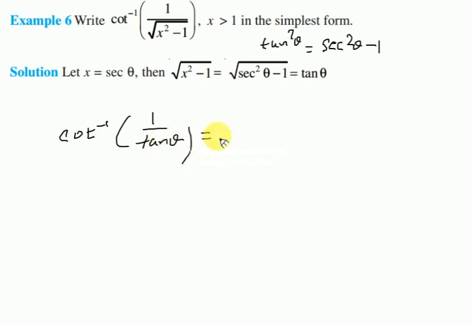So it will be cot inverse of cot theta, which is equal to theta. So we have substituted x is equal to sec theta, meaning theta will be sec inverse of x. The same problem may be asked in a different form, that is tan inverse of 1 divided by square root of x square minus 1 also. There you need to substitute x is equal to cosec theta.